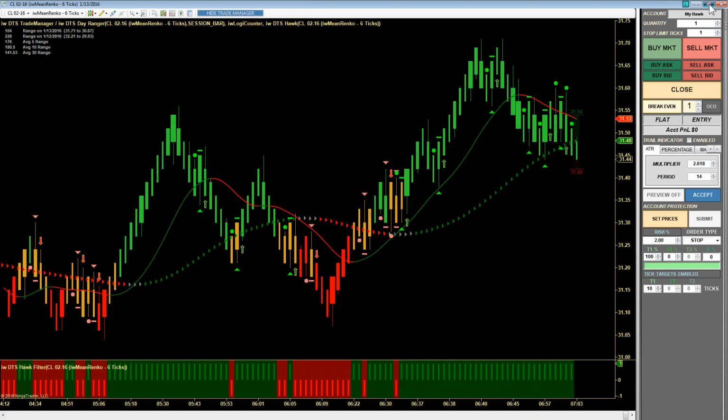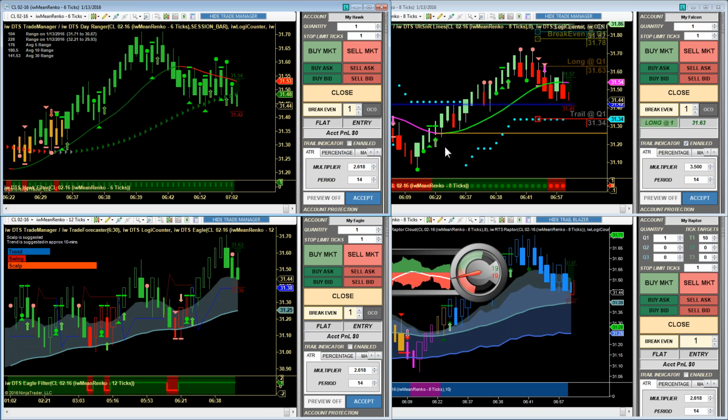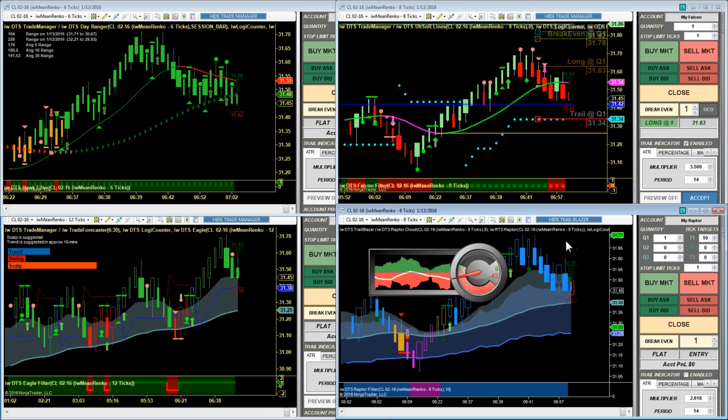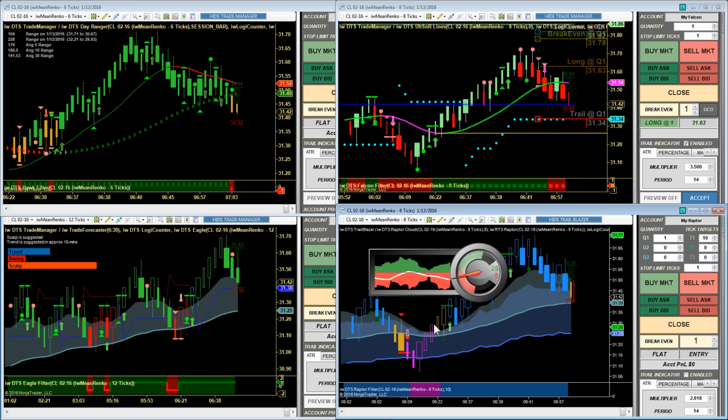Indicator Warehouse does have divergence tools. There are tools in the inventory that are focused on spotting divergences, but not so much with the DTS system.